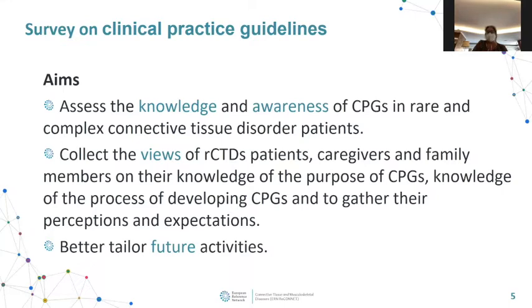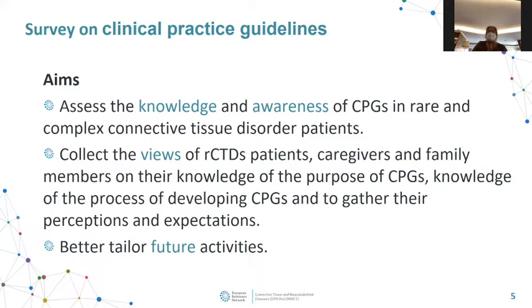The aims of the first survey on clinical practice guidelines were to test the knowledge and awareness of clinical practice guidelines in our communities, specifically in the rare and complex connective tissue disease patients, which is the focus of our ERN.